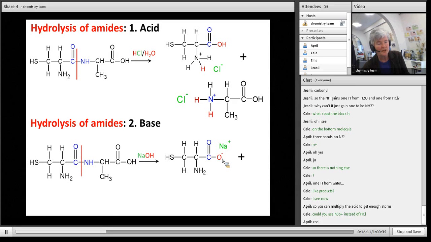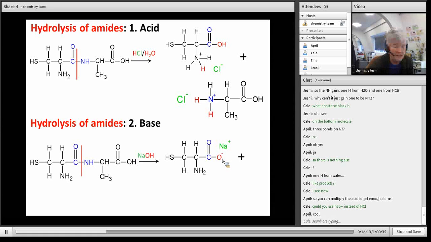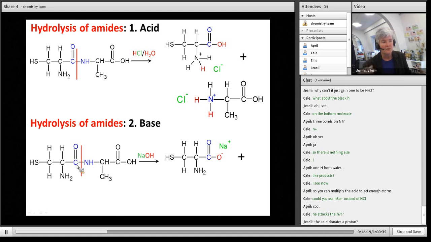Does anybody want to have a go? It is initially OH because I've added hydroxide, which means I've now formed this type of thing, okay? That's been formed. But it's now in basic solution. Well, it's not the sodium. Sodium is a spectator ion. Any hydroxide would have worked, okay?